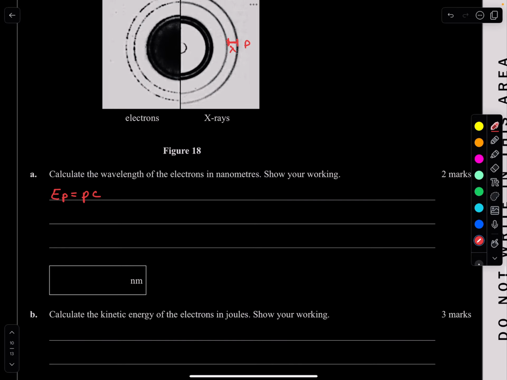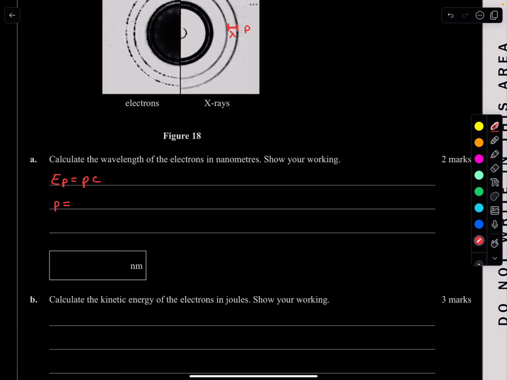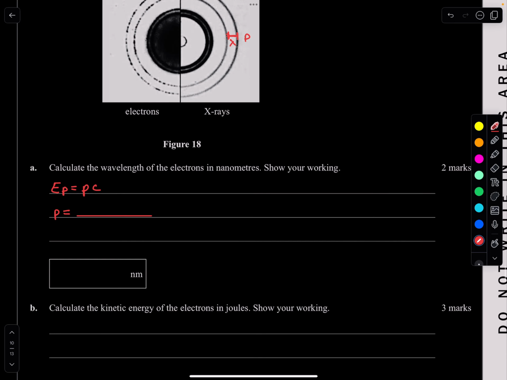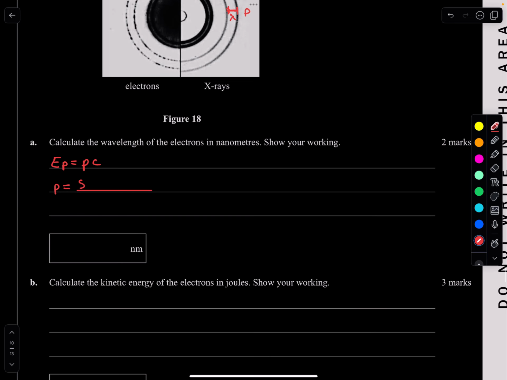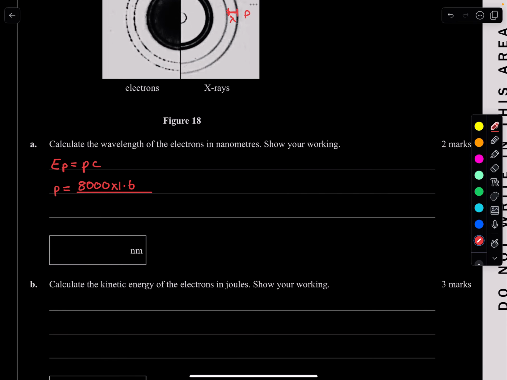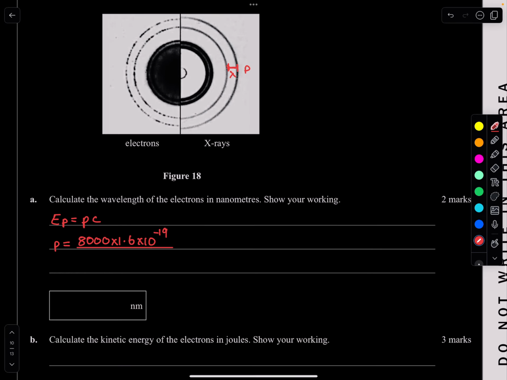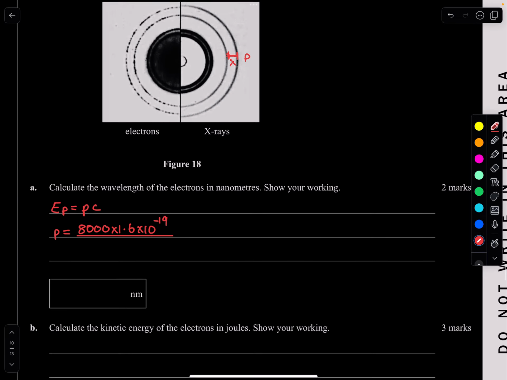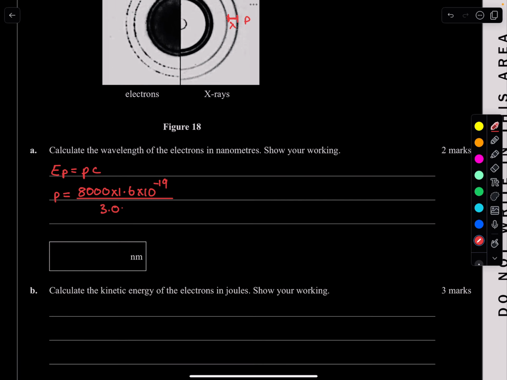So if I want my momentum, it's your energy, which is 8,000 electronvolts. Make sure it's converted to joules, so times 1.6 times 10 to the negative 19, and then divided by the speed of light. That's going to give me the momentum.